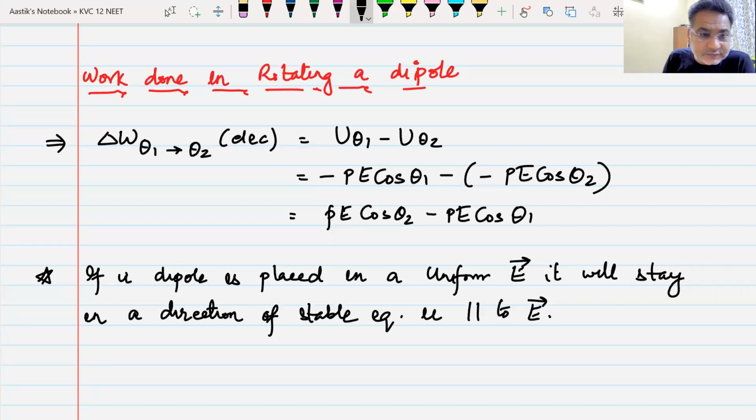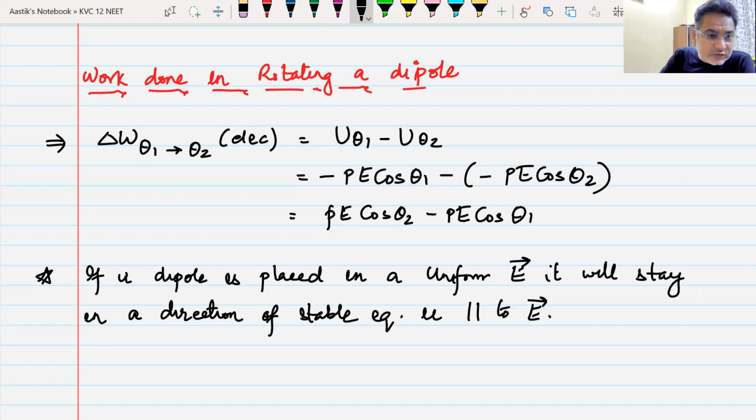Yes or no? Yes, sir. These are the certain things that you must remember about electric dipole and electric dipole moment.